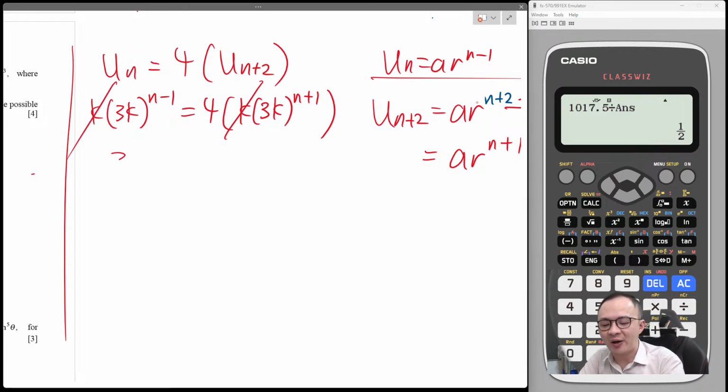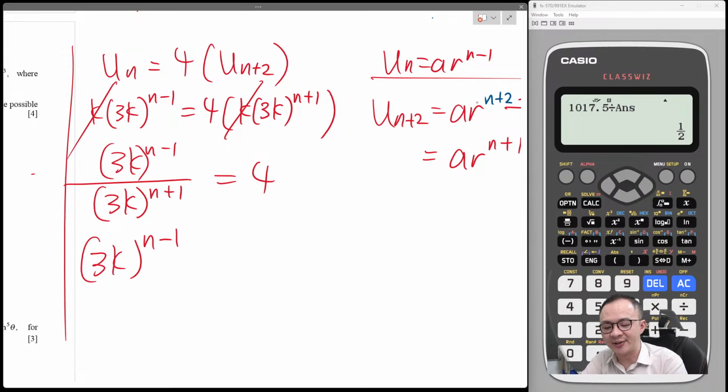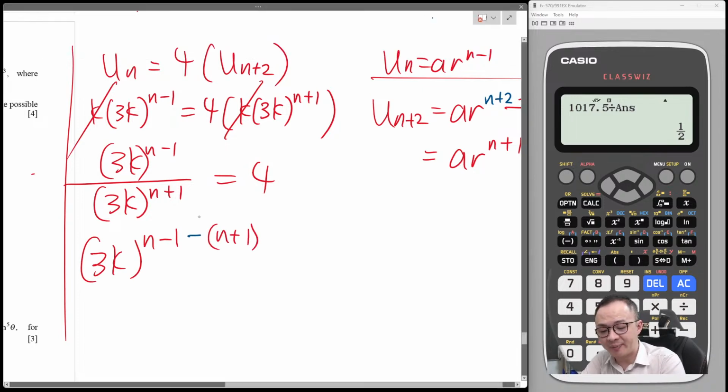Then this one same power, I'm going to group them here, equals 4. And in the indices, we know divide basically means minus at the power, isn't it?